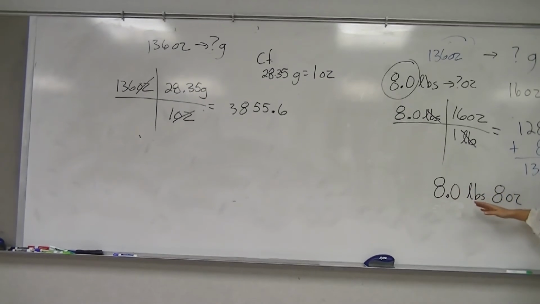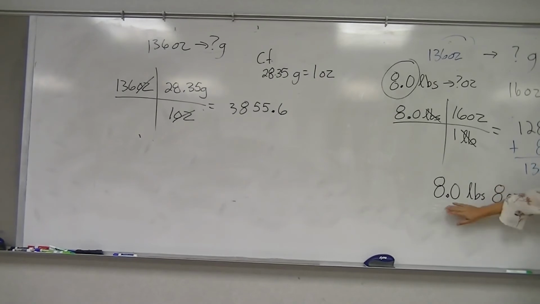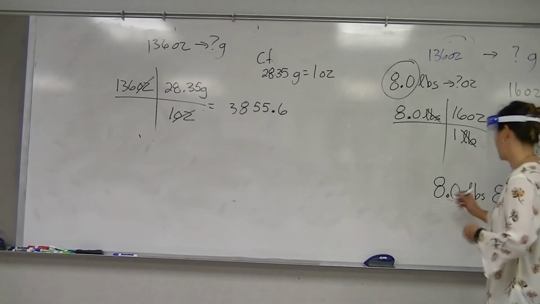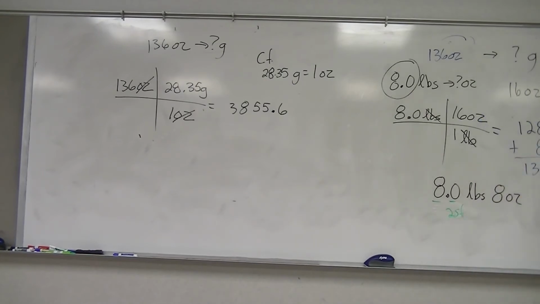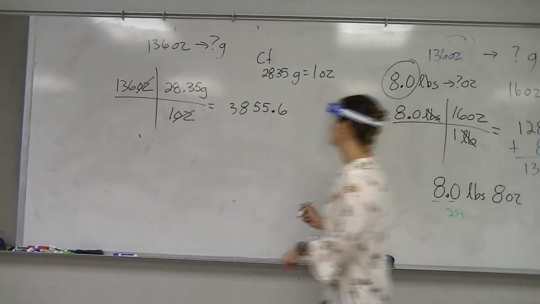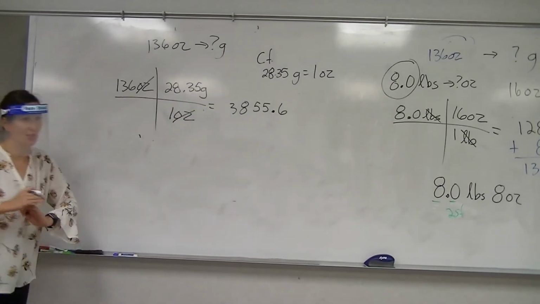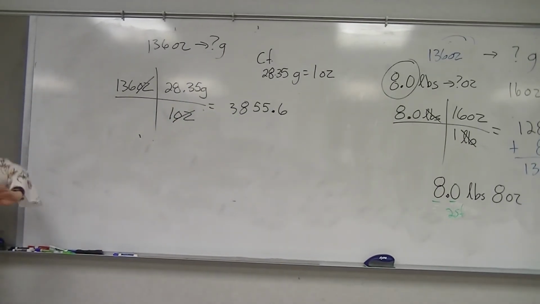But if I were to convert all of this to pounds, there would be 2 sig figs, if that makes sense, if I went the other way. And 2 different units, so we want to keep just the 2. If I said just 8 ounces without the pound portion, then it would just be 1 sig fig.